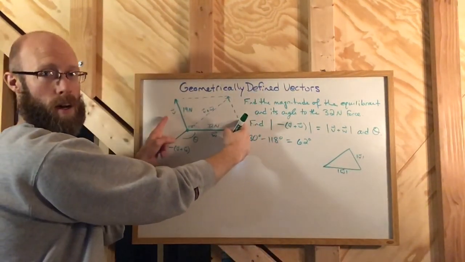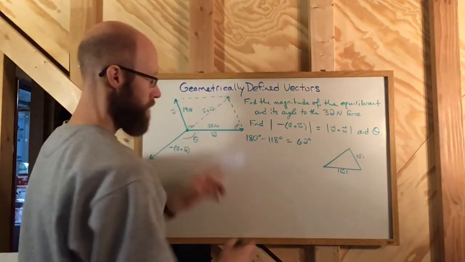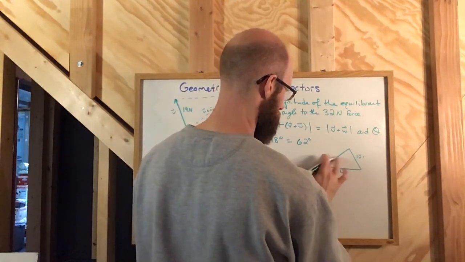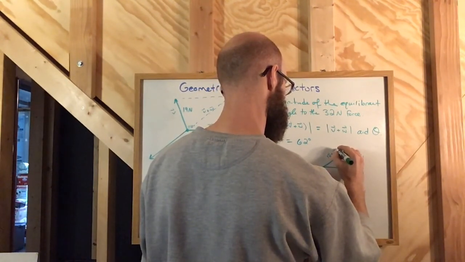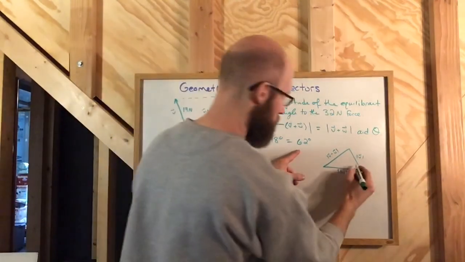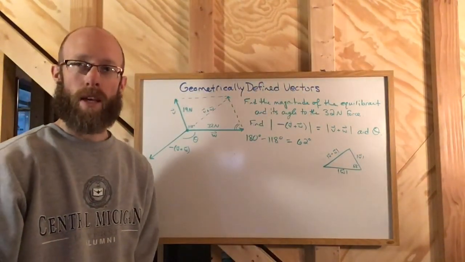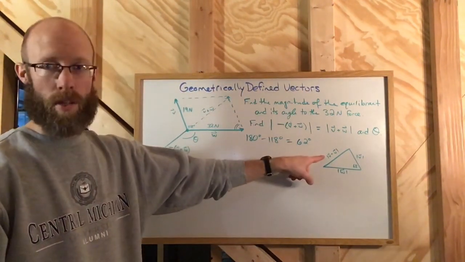It's opposite vector V, so it's the same vector. And then V plus W is this third side, the magnitude of V plus W. Now I know that the 62 degree angle is this angle on the bottom right. And so I can use my law of cosines to find V plus W.